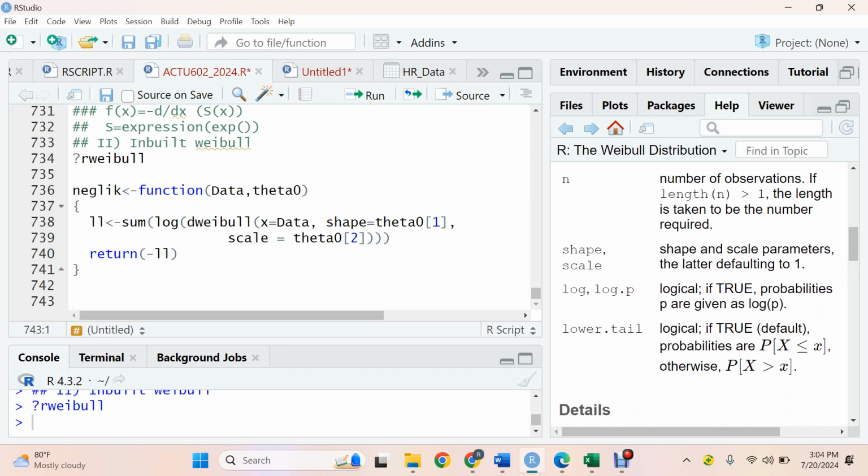Log P, logical: if probabilities P are given as log P. By default it is false, and we haven't given any probability in terms of logs. So it's better you leave it as the default. If I take it off, it will still take the default values.